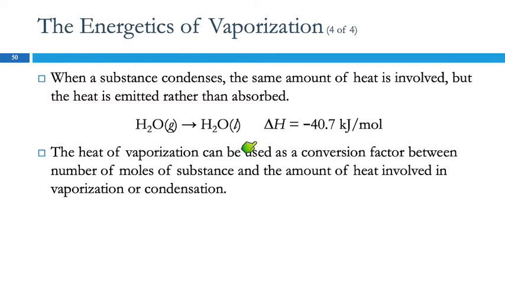So we don't call this the heat of condensation, but it is the heat of vaporization with a negative in front of it, because this is the reverse of the evaporation equation. So we can use the heat of vaporization as a conversion factor, just like we did heats of reaction. It's this amount of energy for the molar amounts given in the equation.